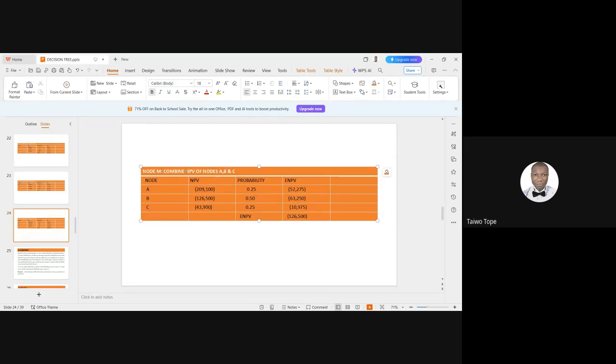Combine the ENPV for J, K, and L. This will be ENPV, and this will also be ENPV overall.